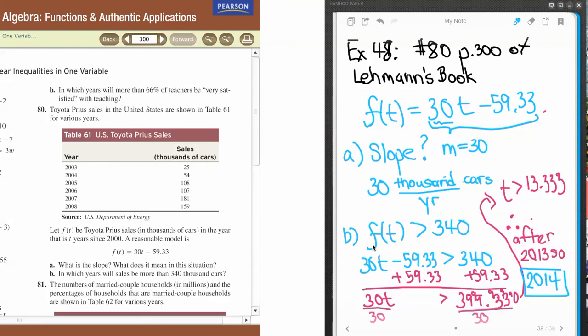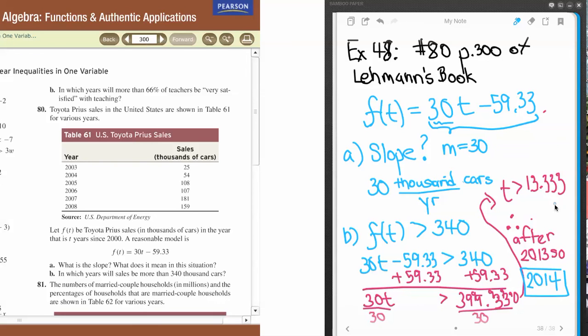Okay, so you see the first thing we did was a translation problem. The years in which the sales are more than 340,000, and so I substituted in for the F of t, which is our expression, and then I solved it. I took the liberty of solving it, and I came up with t is greater than 13.333. So this is after 2013.